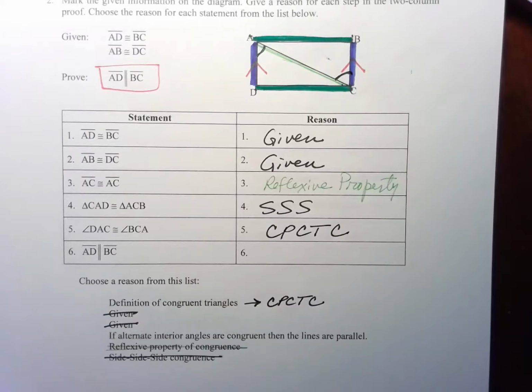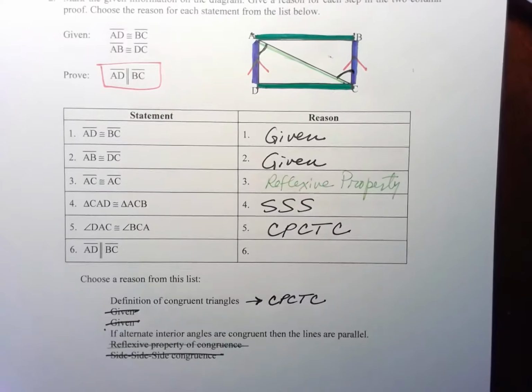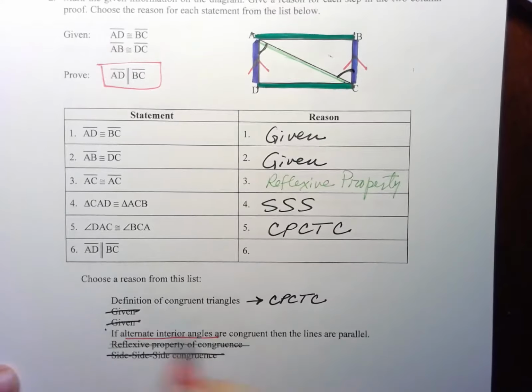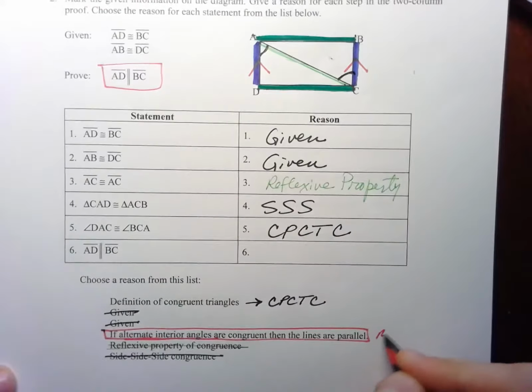And then we'll learn about this actually coming up next week. But if alternate interior angles are congruent, then the lines are parallel. We're going to learn about that next week. But, oh, excuse me, I meant to have red. We're going to learn about this thing called alternate interior angles next week. But basically, it doesn't matter. I'm just showing you this is a reason, right?